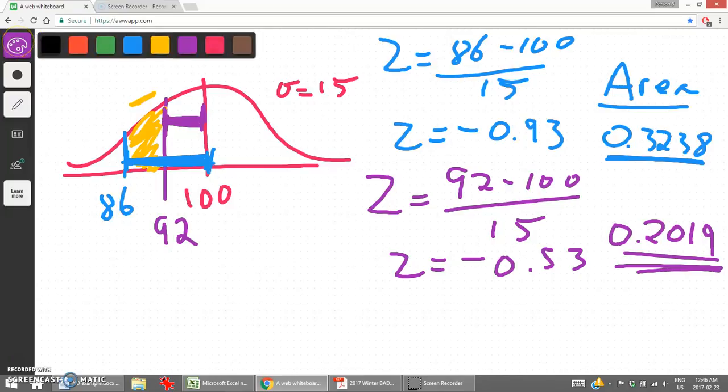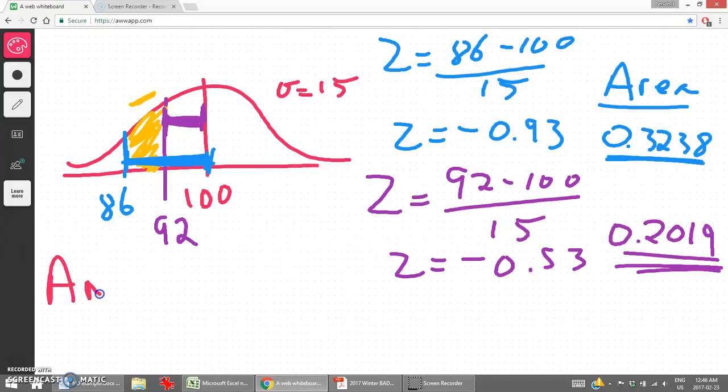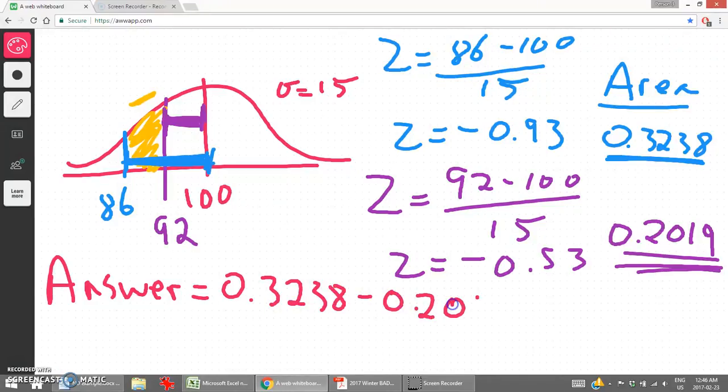So our final answer is going to be taking that 0.3238 area, subtracting 0.2019. So we're going to get an answer of approximately 0.1219, or 12.19% probability. Now the reason why we're subtracting is because they're on the same side of the distribution.